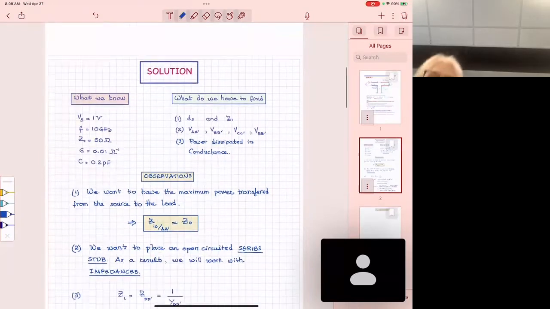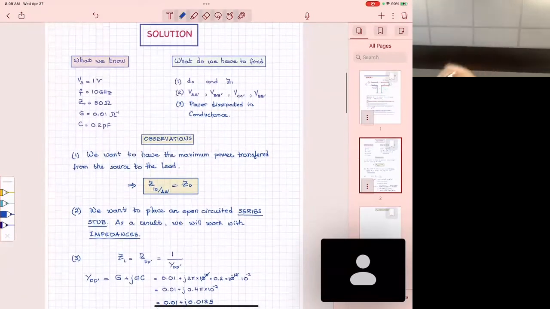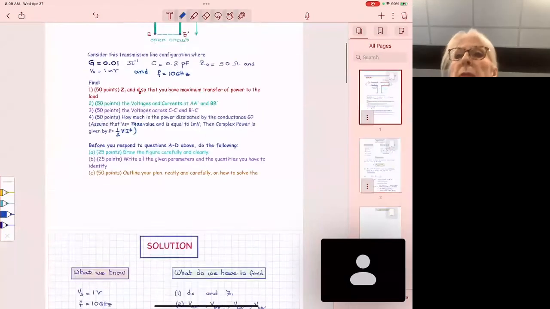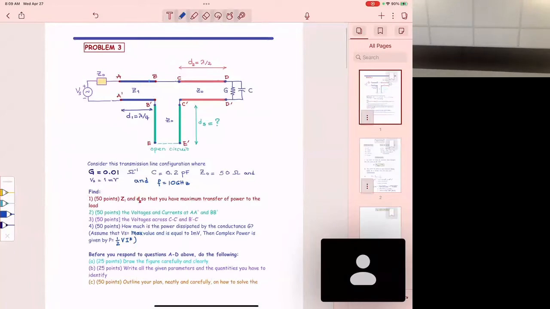Before, you have to understand what I'm giving you in the problem. So now at that moment, before I start my observations and write things, I'm going to go to my figure here, and I'm going to start including specific impedances that are important as I'm solving the problem, all right?